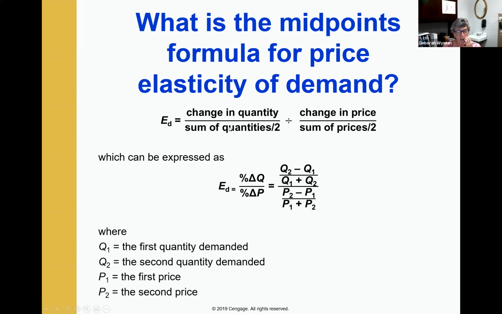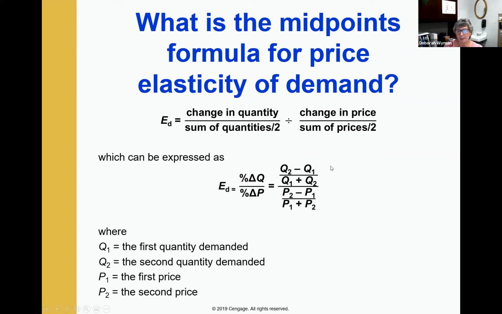Just make sure, and I'm going to show you some examples that I wrote out on paper in a moment, that you are dividing the bottom number by 2, not the top number, okay? Divided by the change in price, the sum of prices divided by 2.